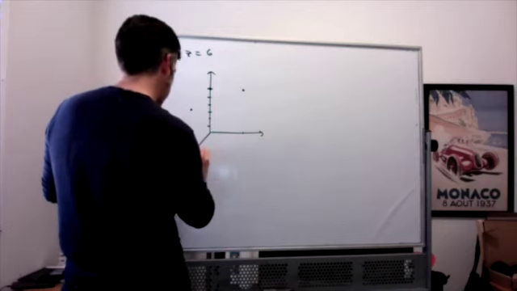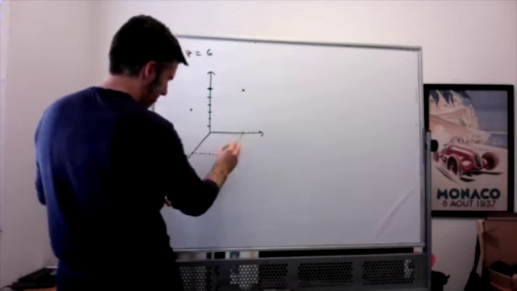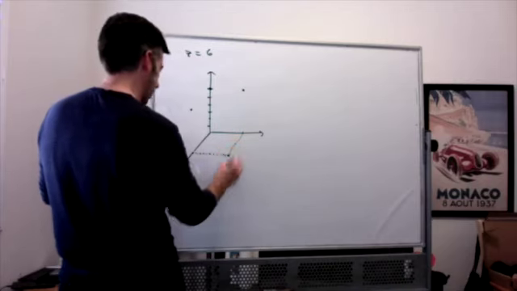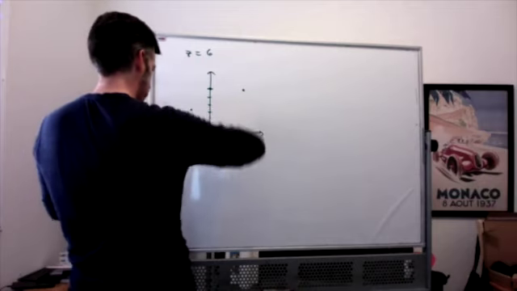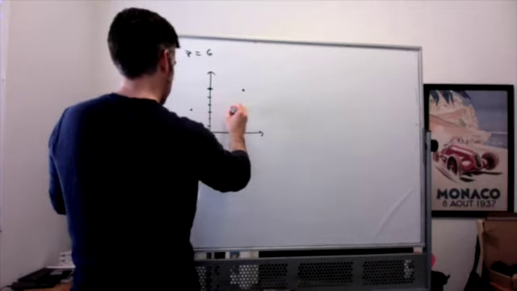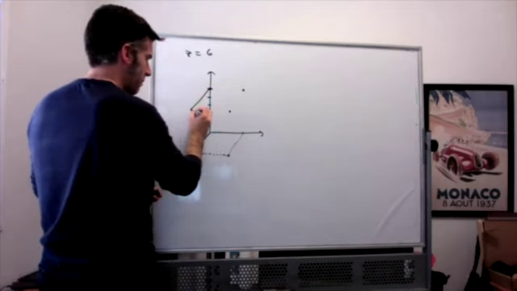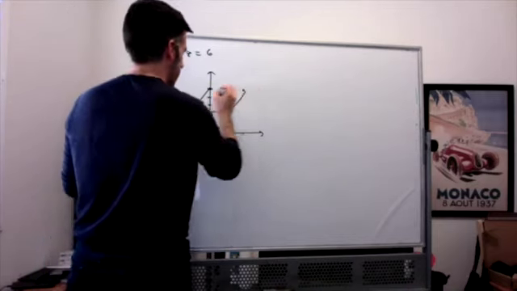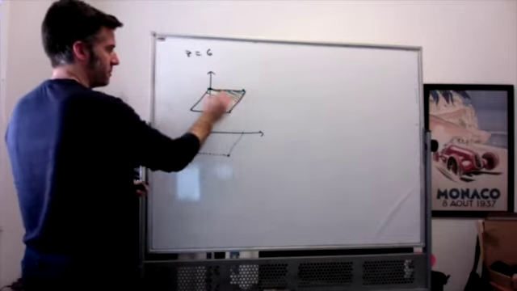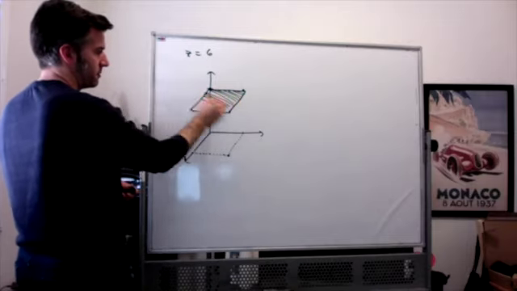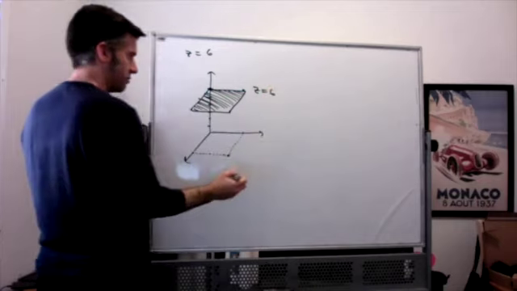And then maybe from where these points would meet, I'm going to go up 6 as well. Okay, so right, here's my horizontal plane z equal to 6.